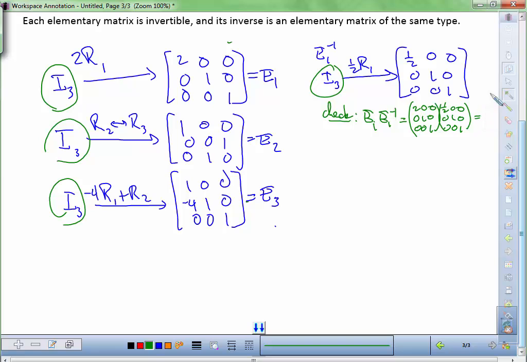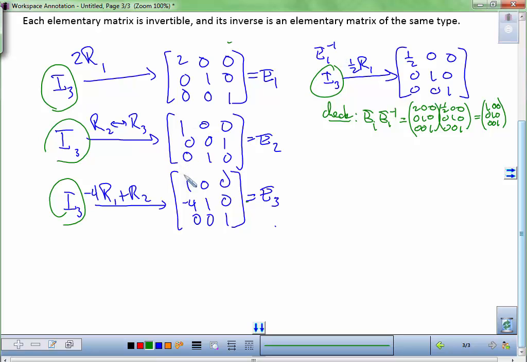And if I were to multiply this out, I'm just going to get the identity. Okay? So this type of elementary matrix, where I multiply a row by a number, has an inverse, and its inverse is multiplying the same row by the reciprocal of that number. Does that make sense?